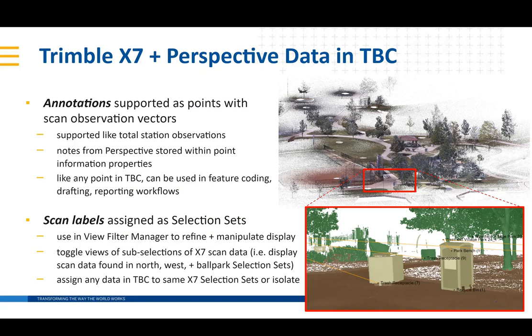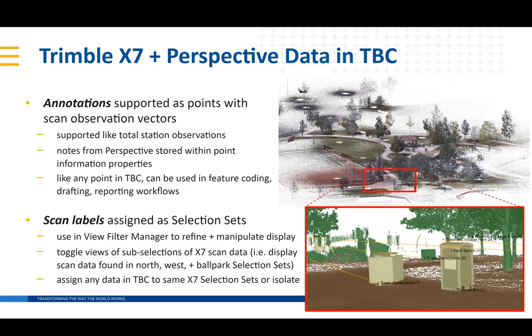All right, the scan labels are assigned to the selection set objects and configured within the Selection Explorer pane within TBC. So you can use these selection sets in View Filter Manager to refine and manipulate the display and the handling of the X7 data. You have the ability to toggle views of subselections of X7 data. So for example, you can display scan data found in the northwest and the ballpark selection sets.